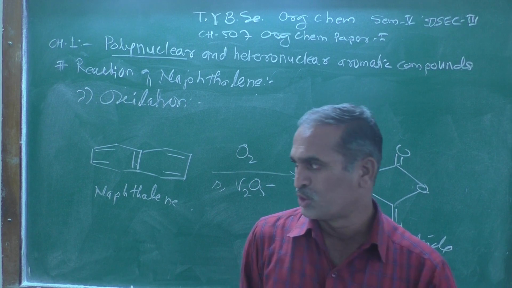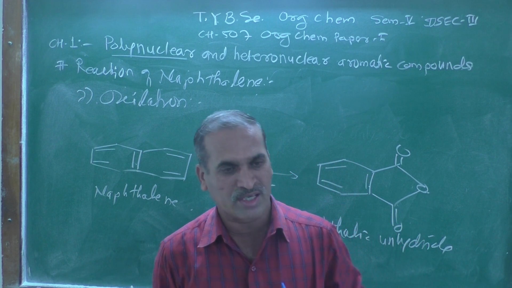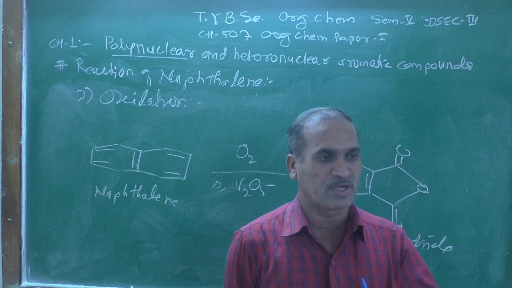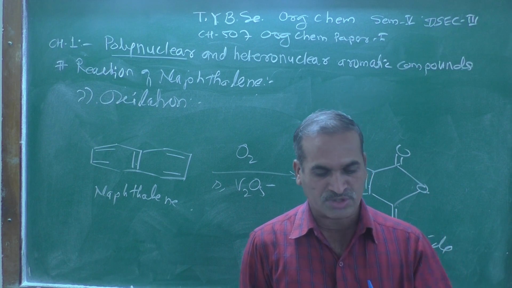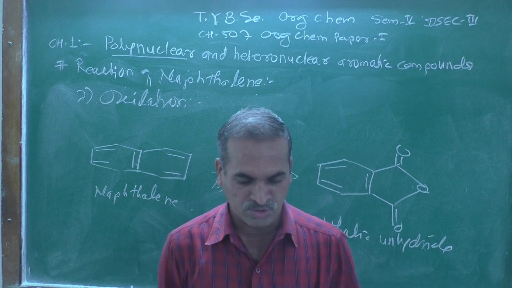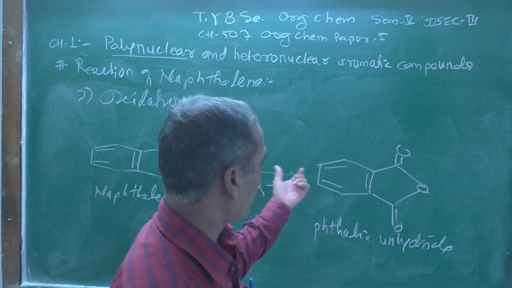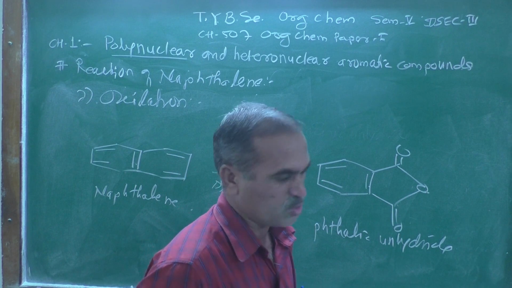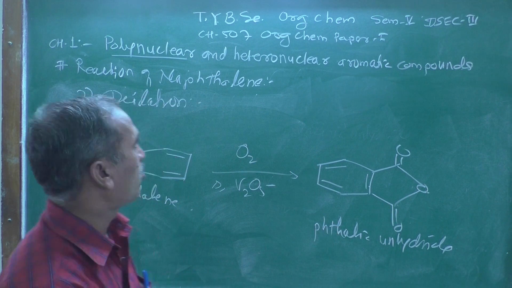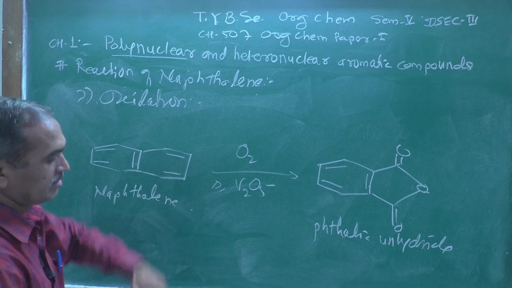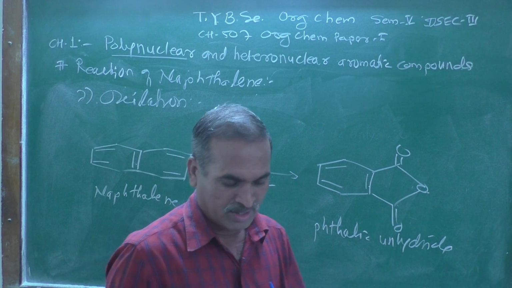Now what is the use of the catalyst in this reaction? It will speed up the reaction, oxidation takes place smoothly, and we get a very high yield of the product. So this is one example of the oxidation of naphthalene that we have seen.